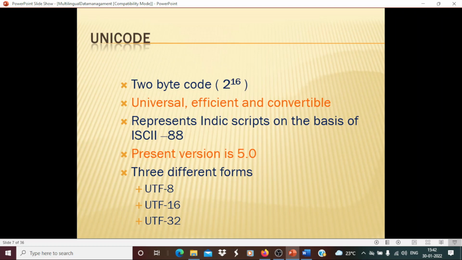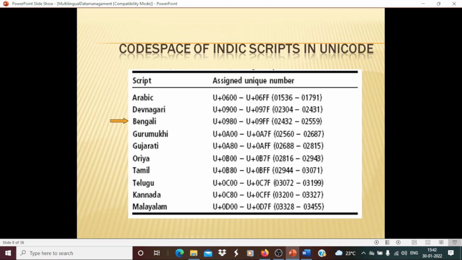If you use UTF-8, your English characters will be in 8-bit and non-English characters in 16-bit, so the file size is reduced. That's why we use UTF-8 in web-enabled library management systems like Koha, DSpace, Greenstone, and so on.